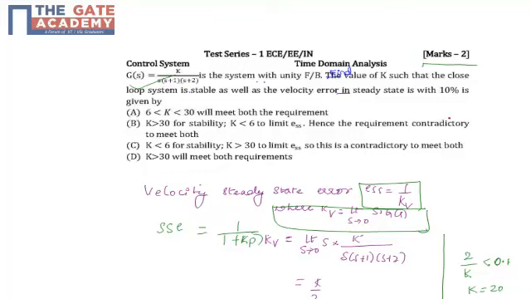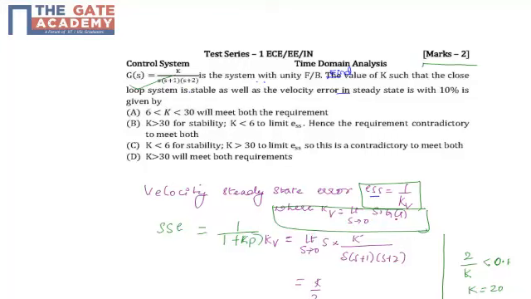In order to solve this question, first let us find the velocity steady state error for the given system. For the velocity steady state error, we have the standard formula ess = 1 by Kv, where Kv is nothing but the limit as s tends to 0 of s into G(s).